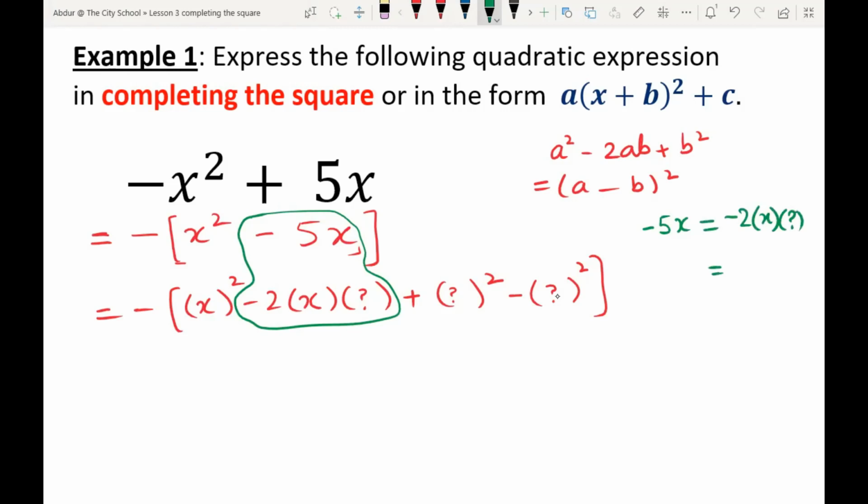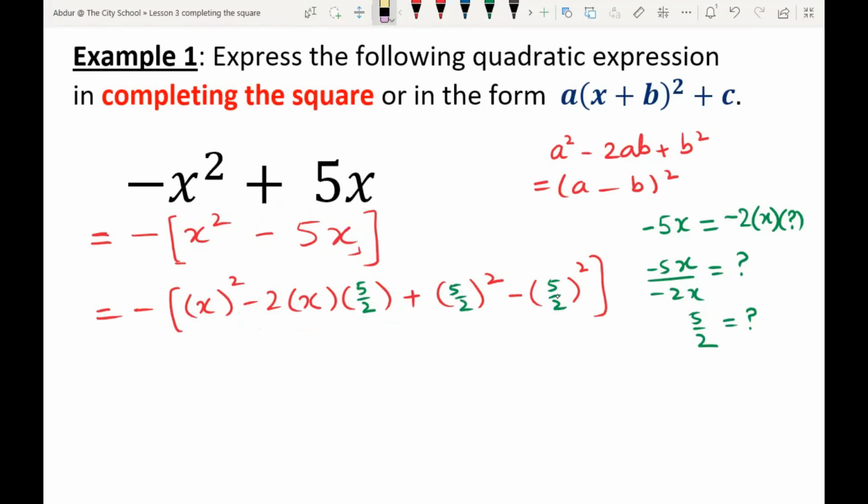So question mark will be minus 5x over minus 2x. The unknown is 5 over 2 here. So by writing 5 over 2, now we have to write these three terms as an identity.